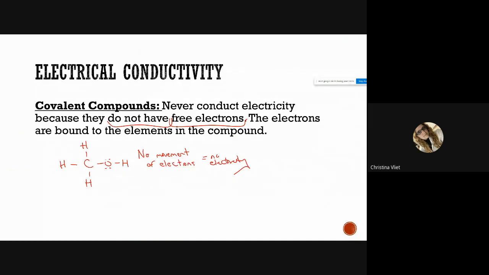So why? Water's covalent. Let's talk about it. Does distilled water conduct electricity? It doesn't. Distilled water, which is pure water, does not conduct electricity.